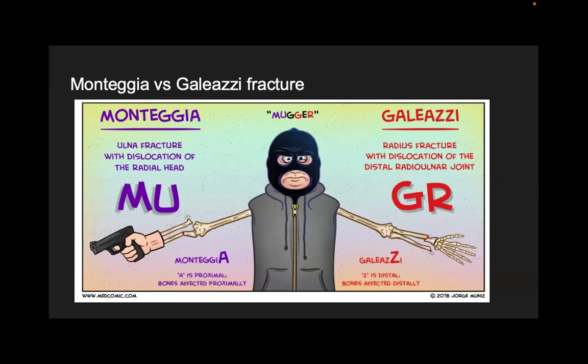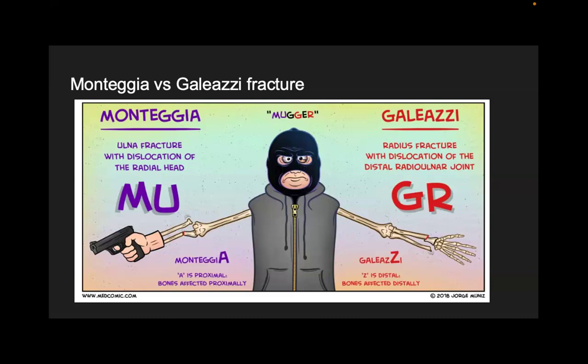That's kind of why I pointed out that radial head earlier on to you guys. Versus a Galeazzi fracture is a fracture of the radius with dislocation of the distal radial ulnar joint, or the DRUJ. If you ever hear in fracture conference DRUJ, that's referring to the distal radial ulnar joint, okay?